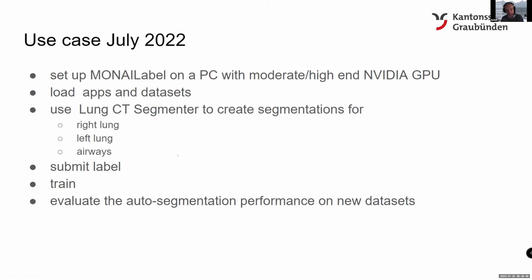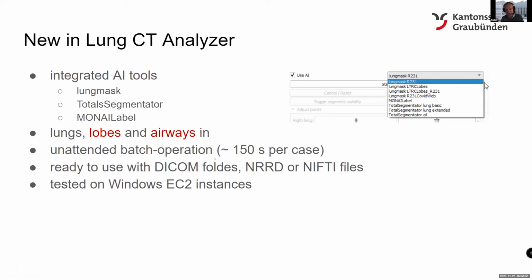That worked quite well. But in the meantime, shortly after the workshop, we were able to integrate new AI tools into Lung CT Analyzer. It's not only MONAI Label, it's also TotalSegmentator and Lung Mask. We can now segment lungs, lobes, and airways in very good quality without any user interaction.